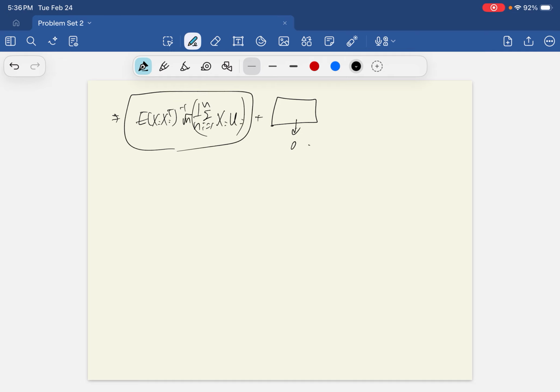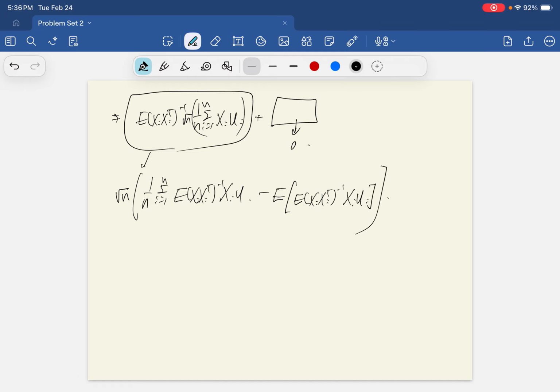This also follows the central limit theorem: square root n times, we can rewrite this way, minus the expectation of the whole thing, goes to a normal distribution. This much is the influence function, and we know the influence function's expectation is 0, because this much is 0.